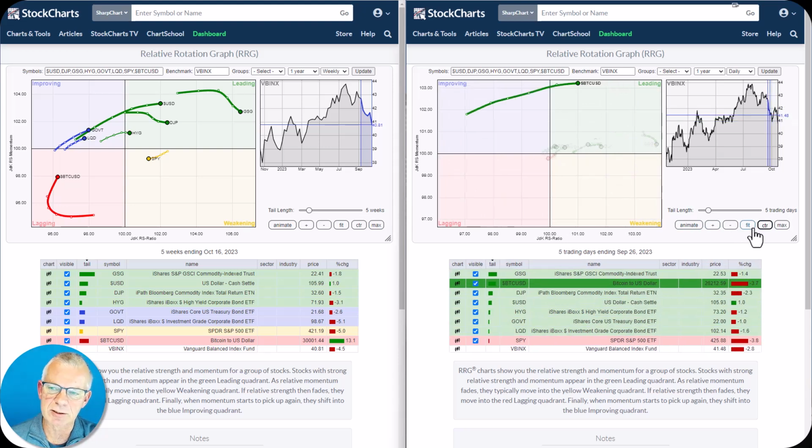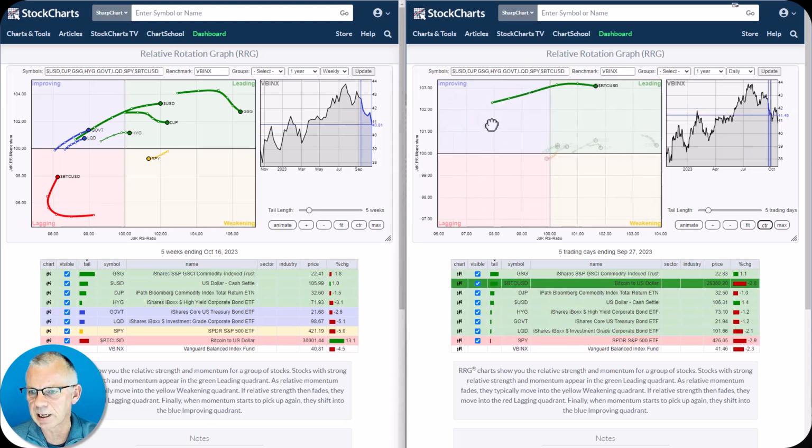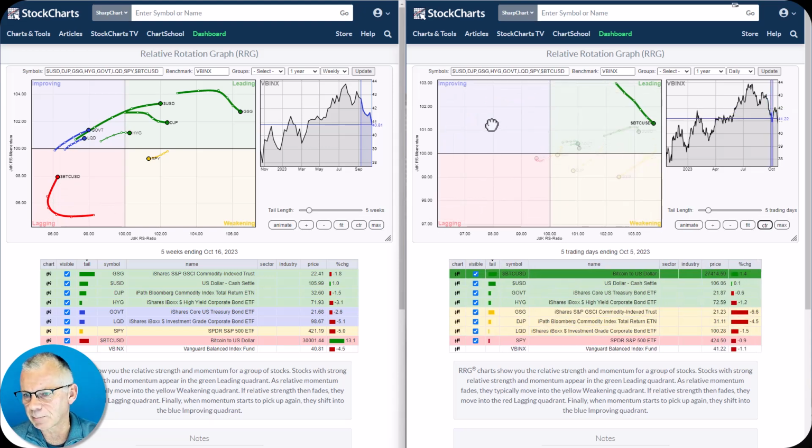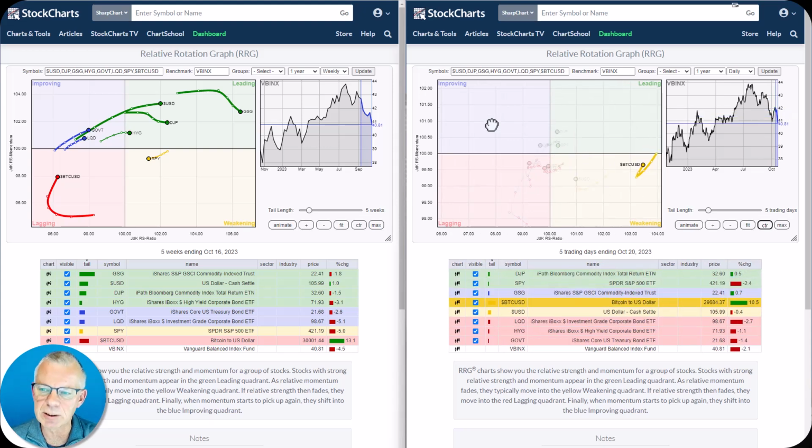Because Bitcoin is going through such massive moves, this seems like the beginning here, but you can see on the daily how long that move is already underway. The pause that we had seems to have come to an end, and Bitcoin's tail has now rapidly curled back up and is heading towards the leading quadrant. If we look at the Bitcoin chart in a minute, you'll know why that is.